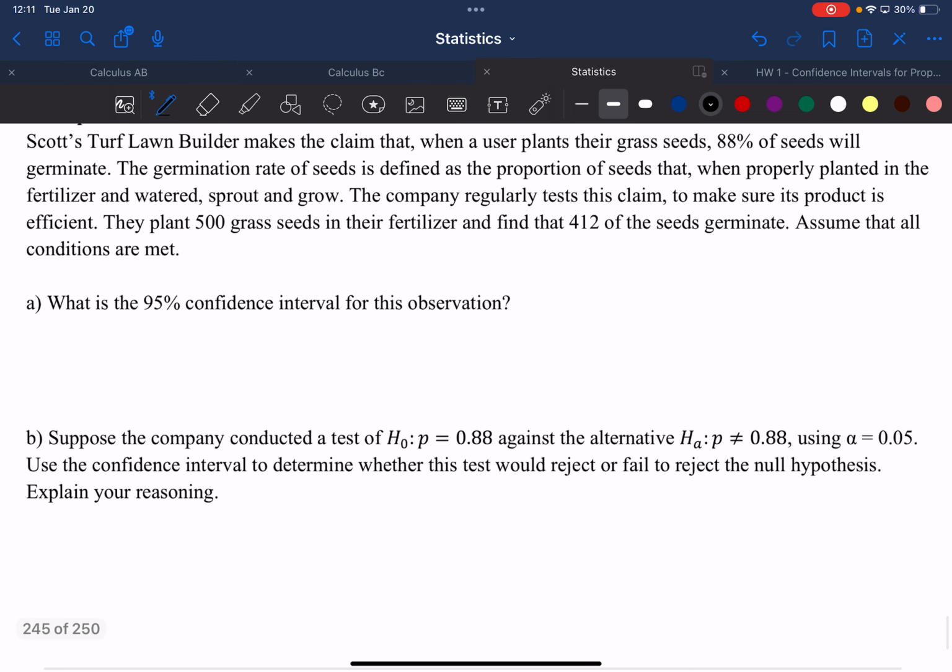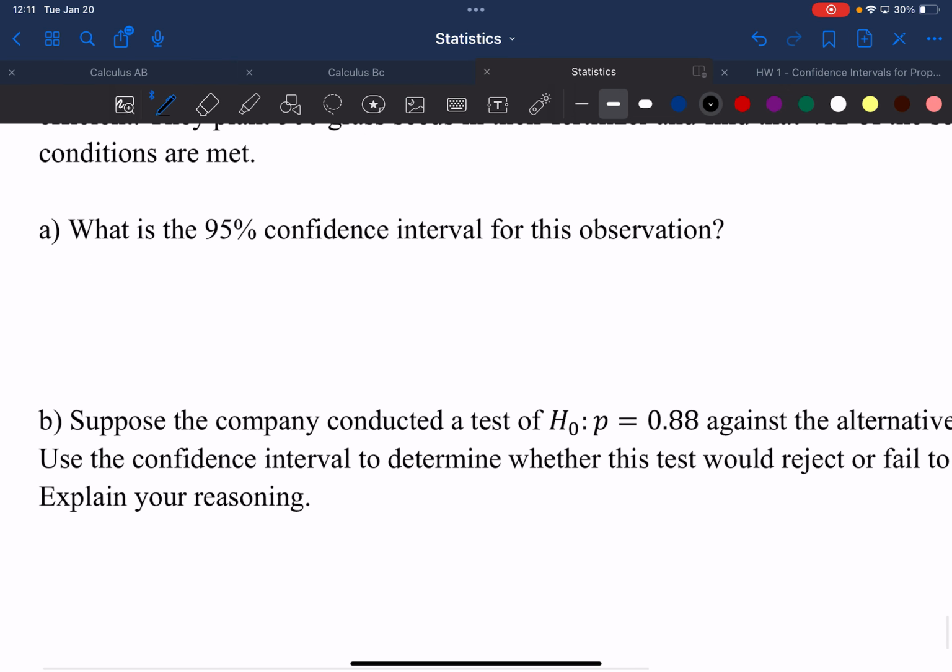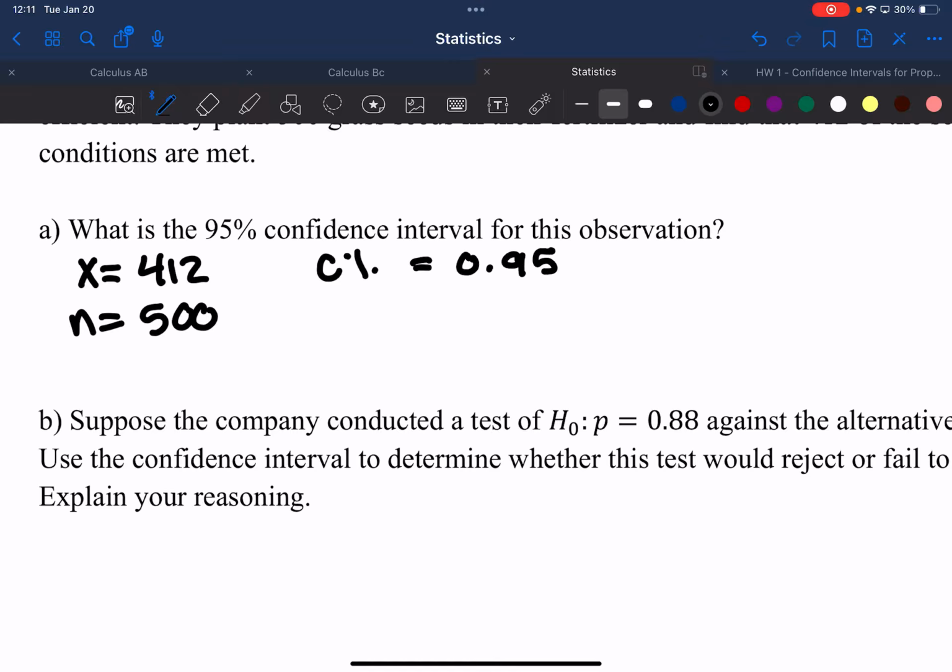So part A wants us to find the 95% confidence interval, which means we would first have to write the number of successes, which is 412, and then the sample size, 500, and then our C percent is 0.95. Okay. So from here, we can go straight to Desmos and find out what that interval is.